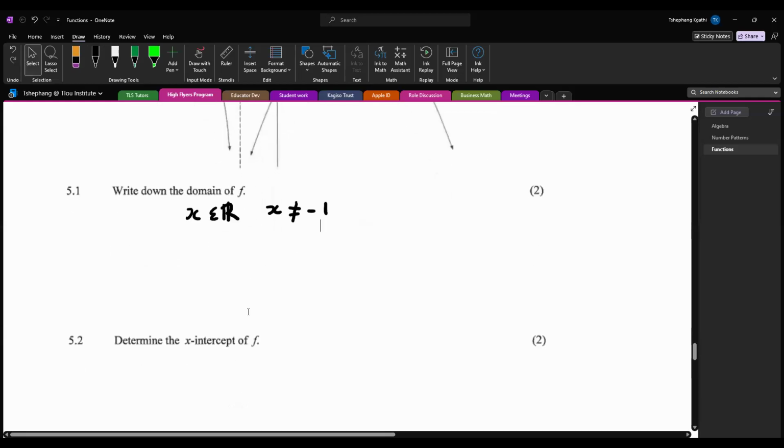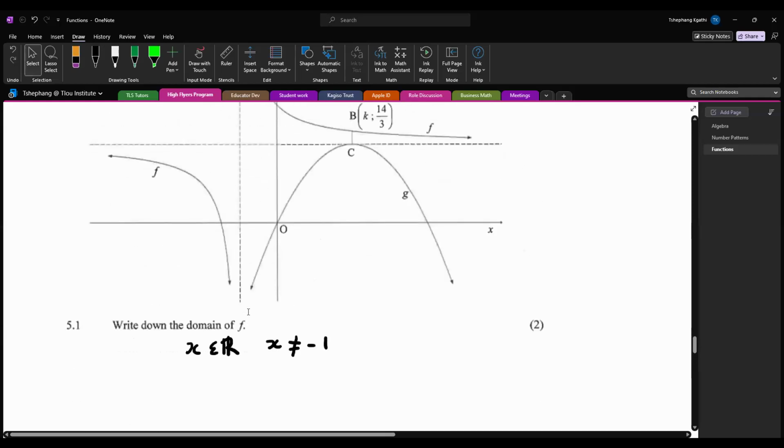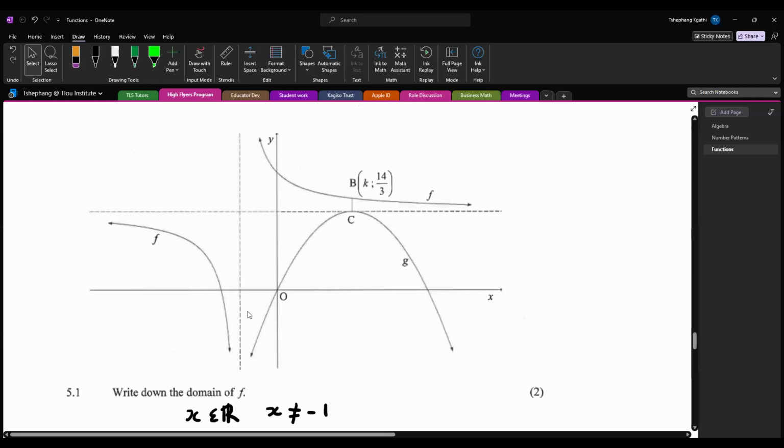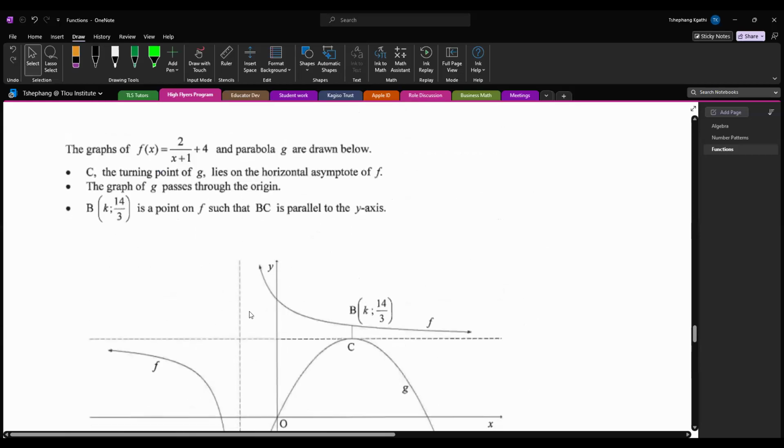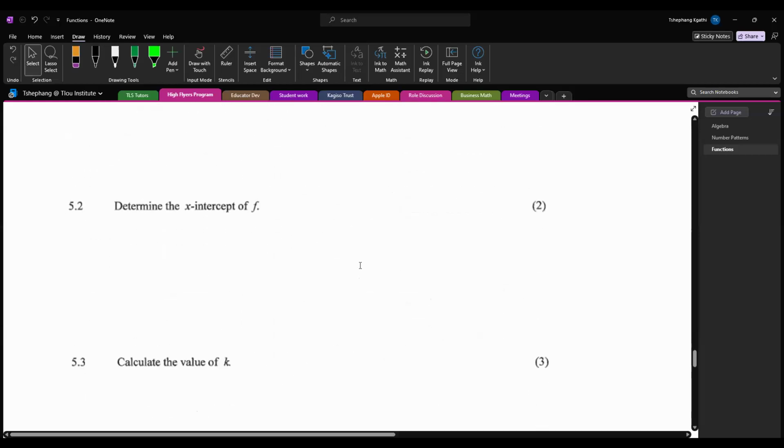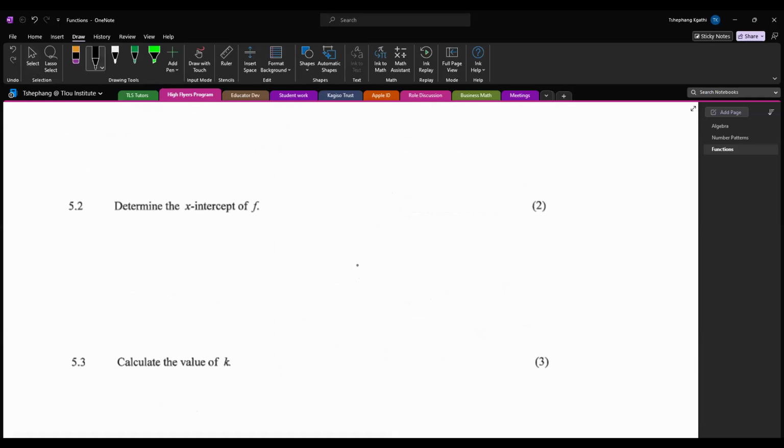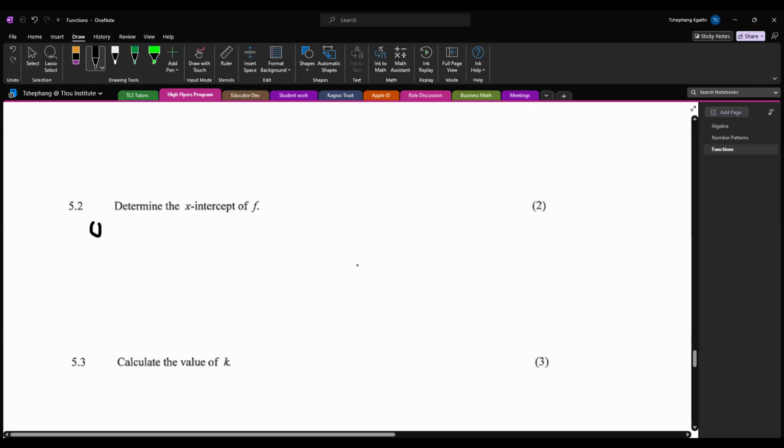Now determine the x-intercept of F. There shouldn't be a problem at all. To determine that x-intercept, we simply say 0 is equal to 2 over x plus 1, and plus 4.